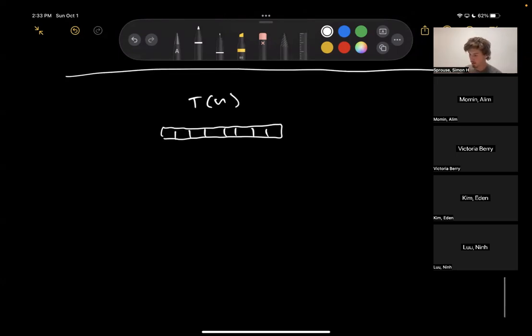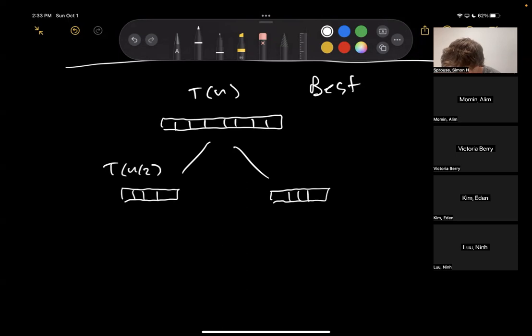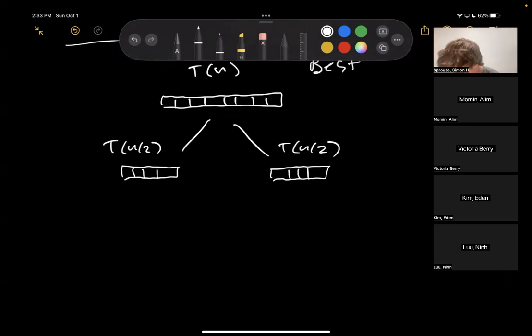So imagine this is our original input. Best case is when we split that input into two equal subproblems at each step. In this case, I think I drew 8 elements. So the best case would be splitting this into two problems, and then as you can see, you can just keep doing this. Essentially, we're going to have something that looks like this.